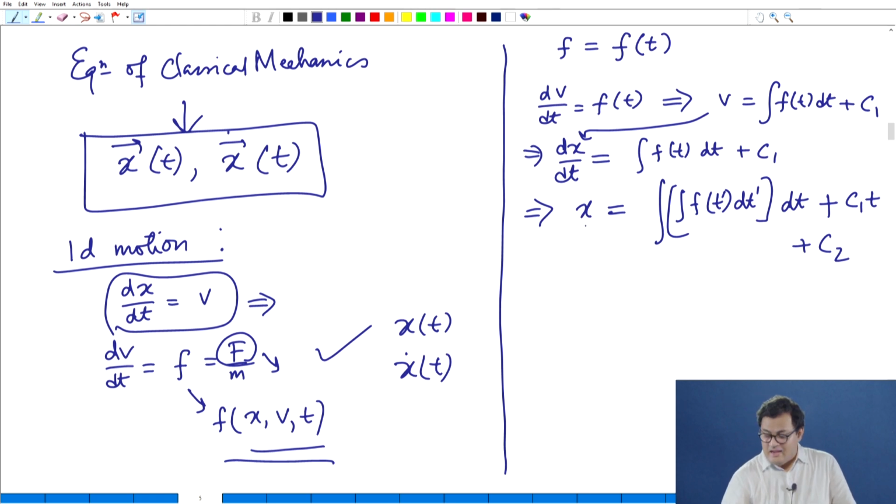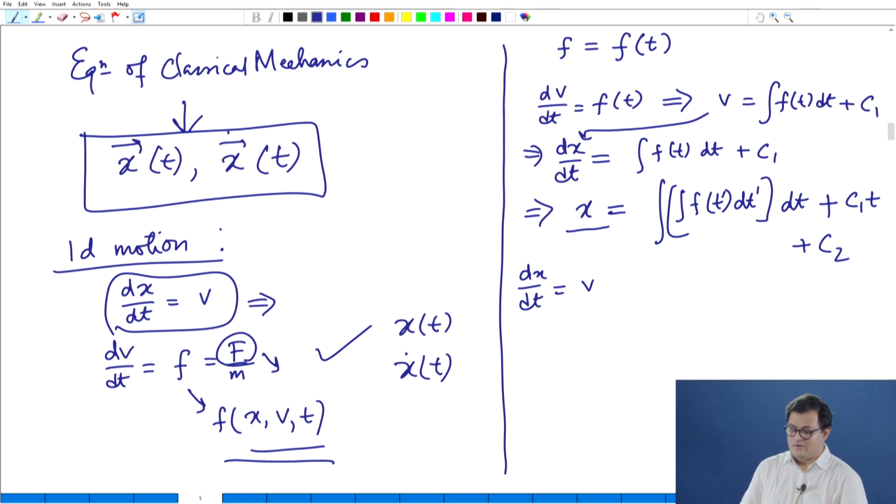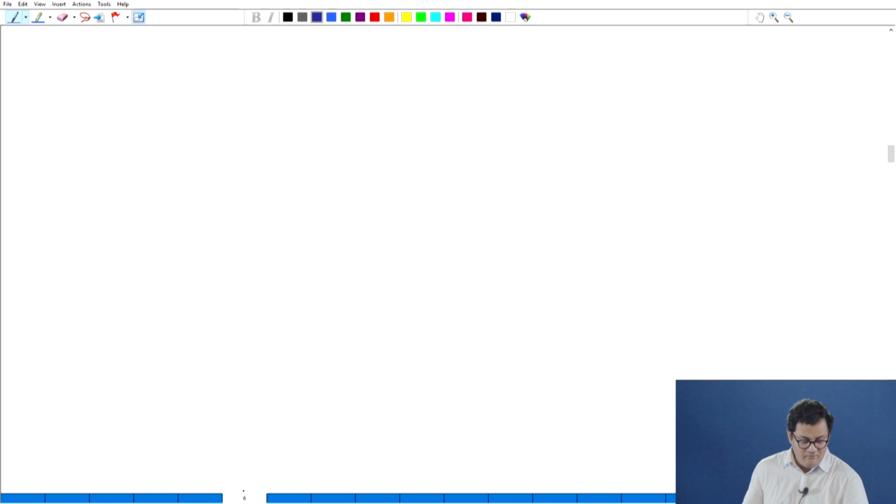In this way you can find x, and once you have the whole form of x, you can calculate dx dt, and you can have your v. So, in this way you can also solve the problems of classical mechanics in more than one dimension.